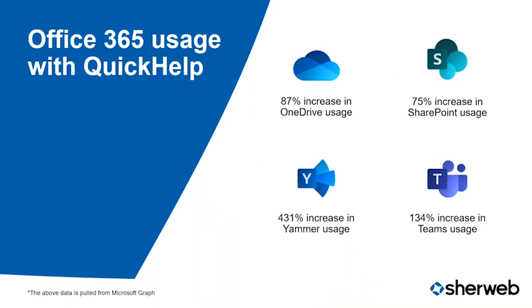And then lastly, these are really common statistics that we see come out of QuickHelp when organizations implement it into their environment. You can see there, with Teams, a 134% increase in Teams usage.